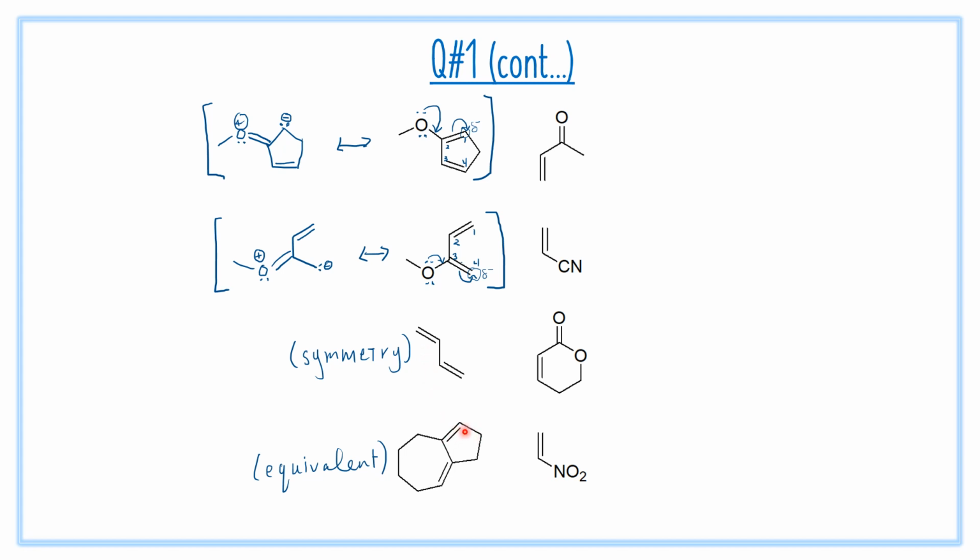For this one, it's going to be equivalent carbons. Whether you do this one or this one, it's going to be the same thing. They both have the same amount of electron density because they're all surrounded by carbons. Now onto our dienophiles.